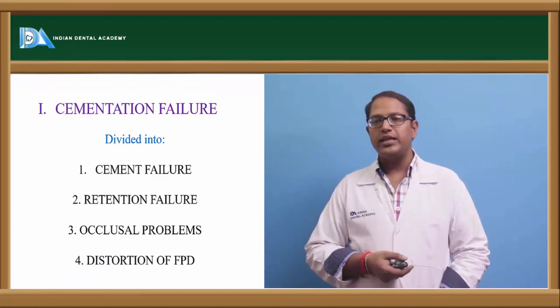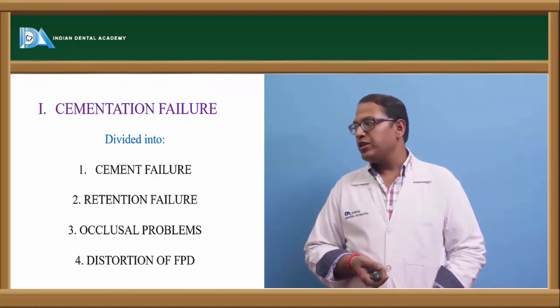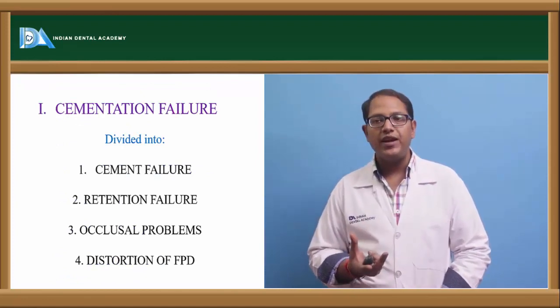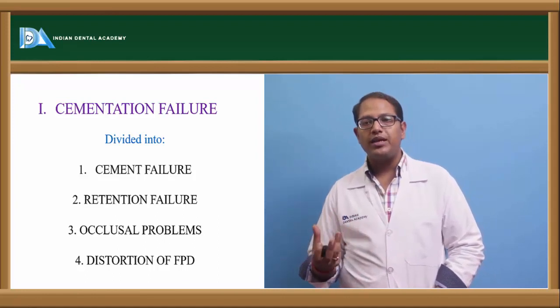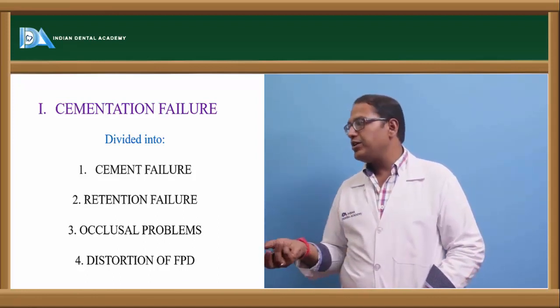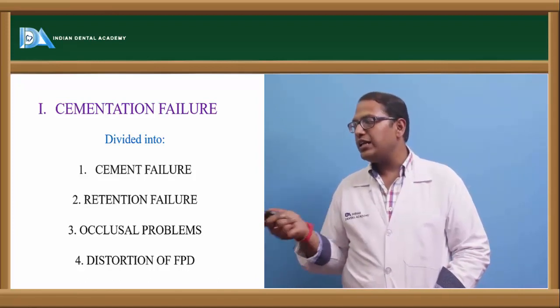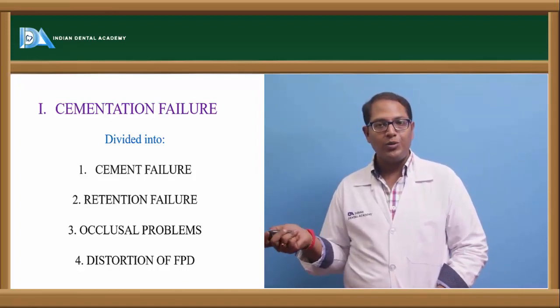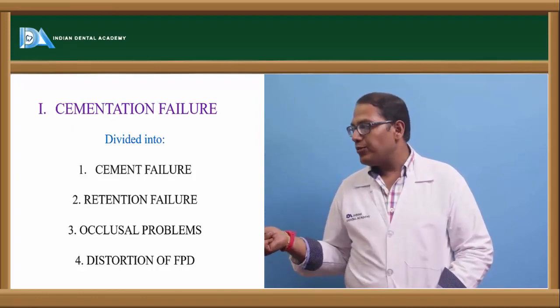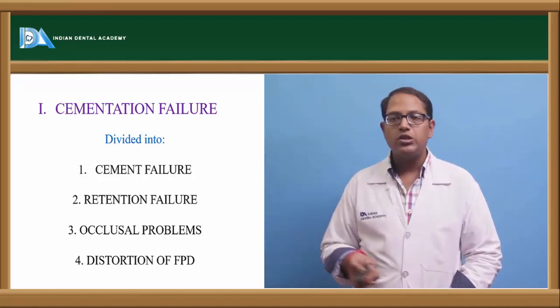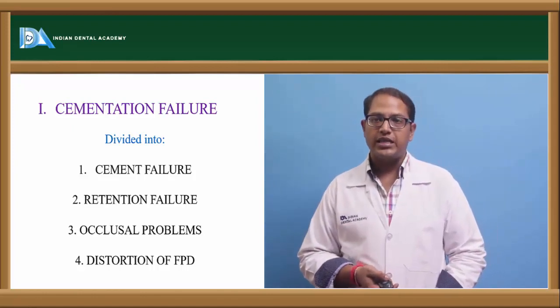Coming to the first one, cementation failure. How can it be divided? It can be divided into: the cement fails by itself, the retention fails, the retention is not proper due to cement, occlusal problems are there, or distortion of the FPD takes place.